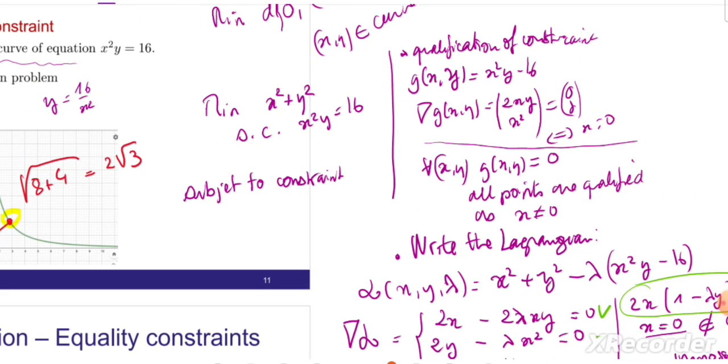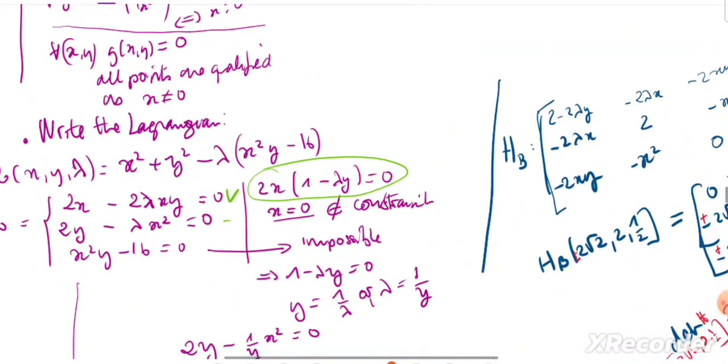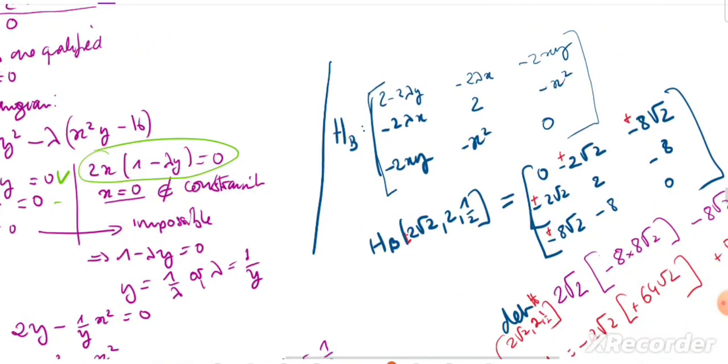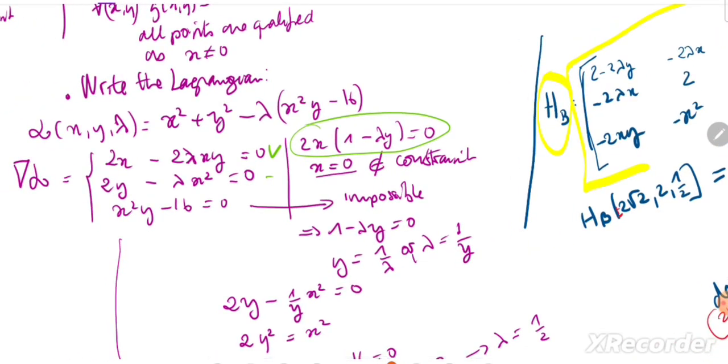But if you were more in the dark about the problem you are treating, you would need to build the bordered Hessian. So that's the bordered Hessian you obtain from this one. Actually, from here we should have a minus and plus. It's the same one when you're staying at level 1.